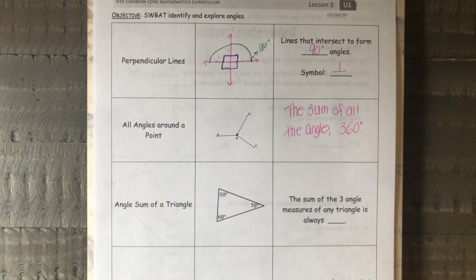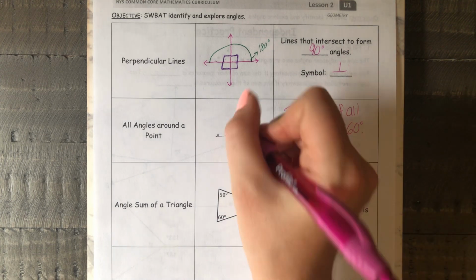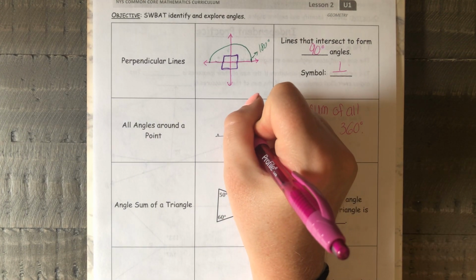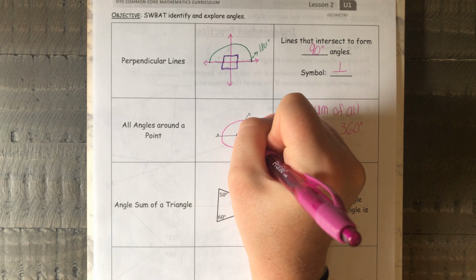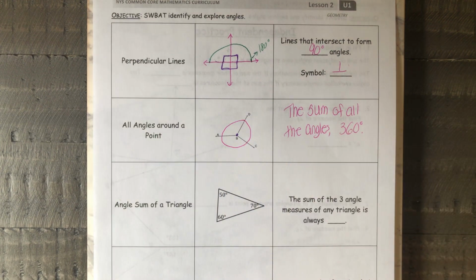So if I have angles around a point, a little trick to help you with this specific question would be drawing a circle. So I'm going to draw a circle on the diagram. You go ahead and do this as well at home.